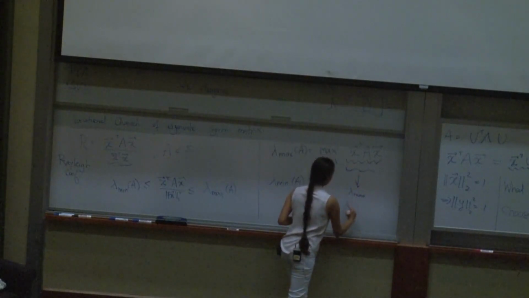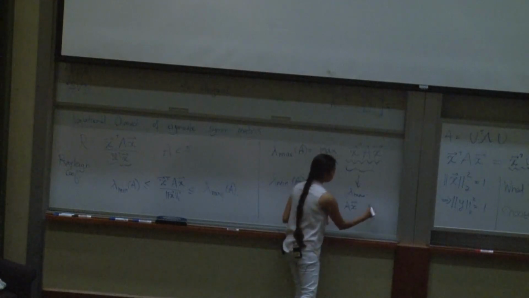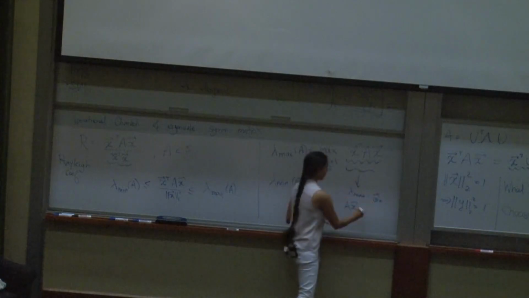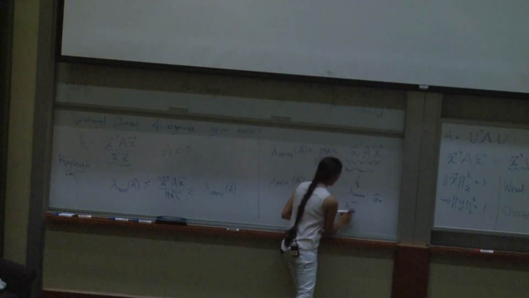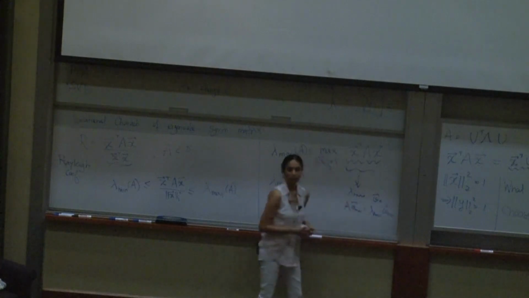And so if I want to pull out a lambda max from A times x, I'm going to have to choose a v which will pull out that lambda max. So if I choose this as v max, I'm going to get lambda max times v max out, right?